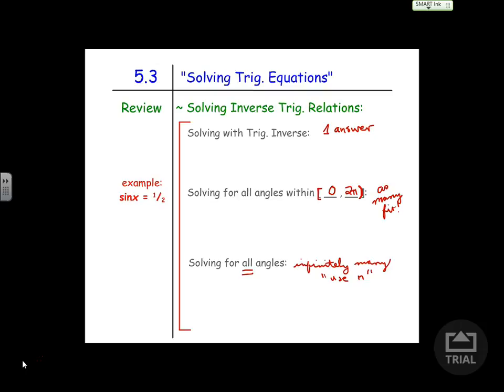Let me show you what I mean. If we have sine of x equals 1/2, one way to solve this equation over here, we're going to do the example 3 different ways to show you what these directions mean. If we're using sine inverse, then we're going to take sine inverse of both sides.